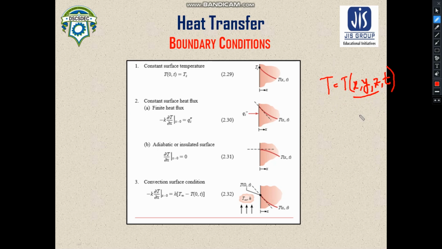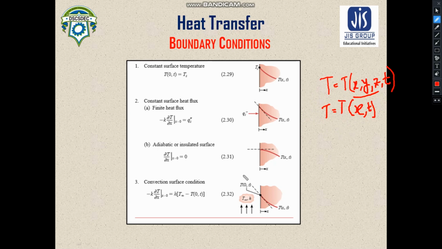Now if a constant surface temperature is mentioned in the problem, then for a one-dimensional case, it can be written as T(x, t). Since this term was dependent on all three dimensions along with time, here we are reducing it into a one-dimensional time-dependent condition.